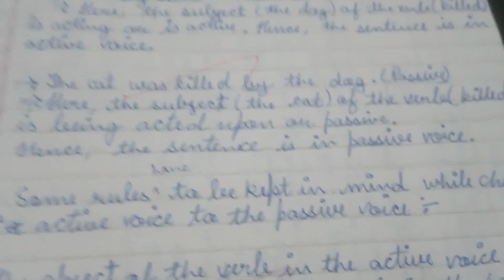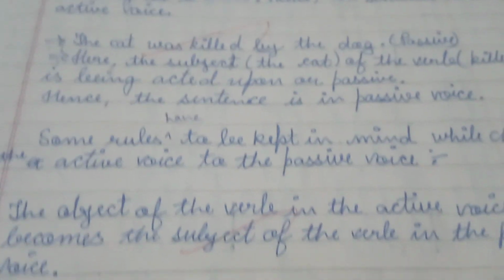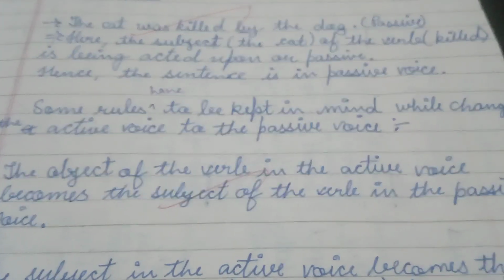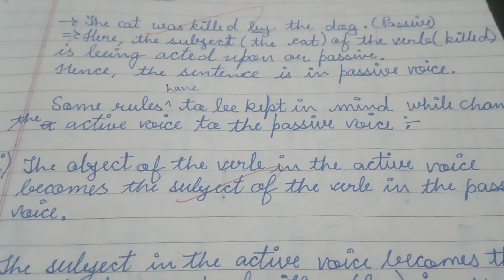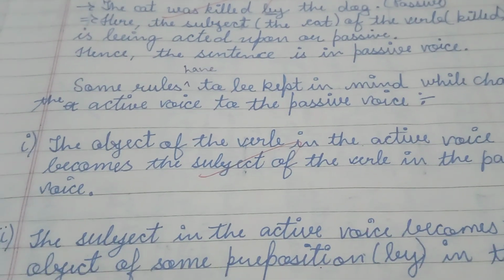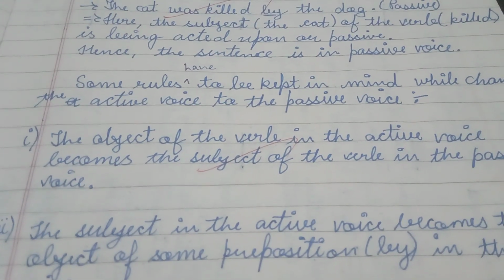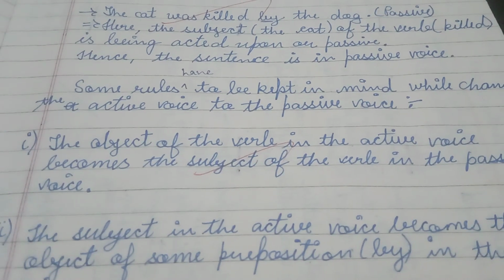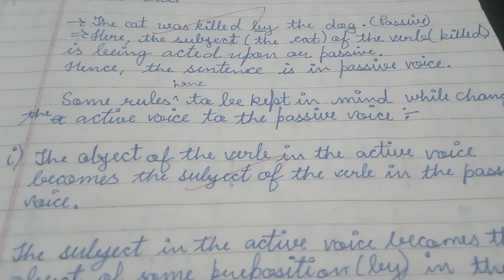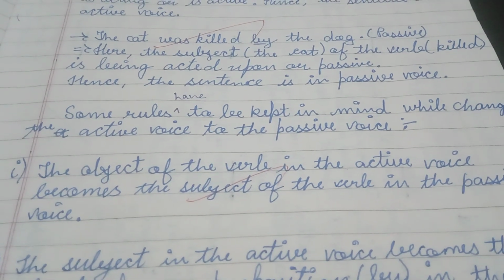Moving on with active and passive voice, we have some rules which we need to keep in mind while changing the active voice to the passive voice. The first rule is the object of the verb in the active voice becomes the subject of the verb in the passive voice.